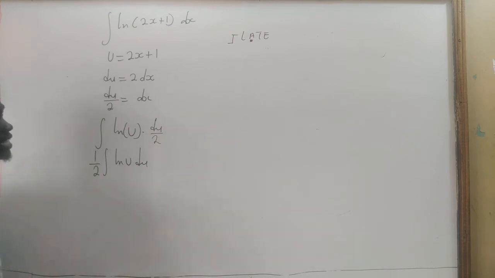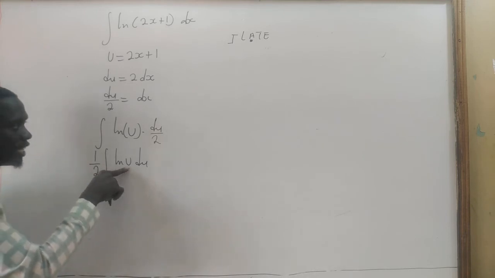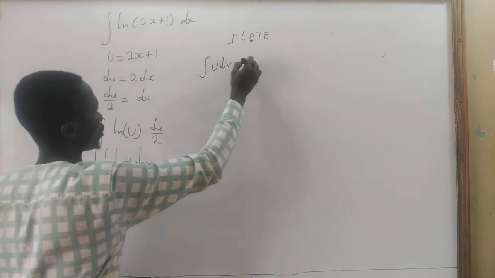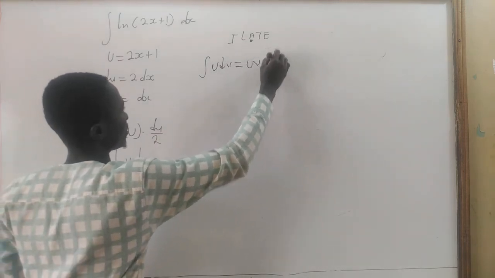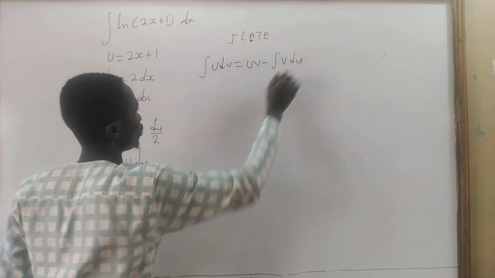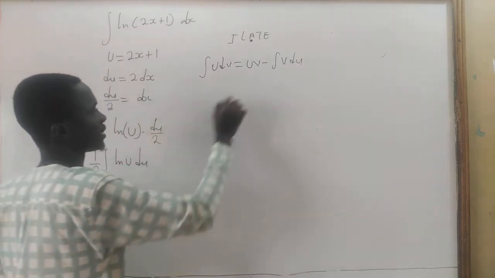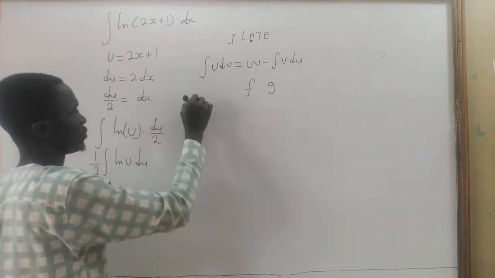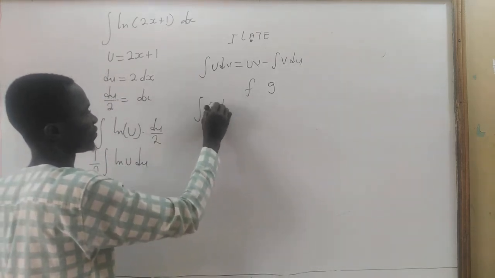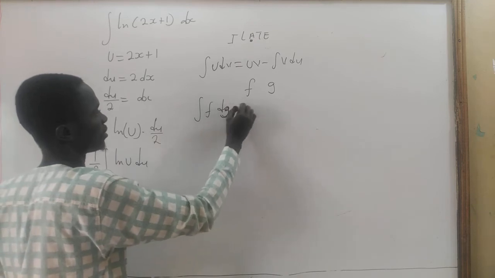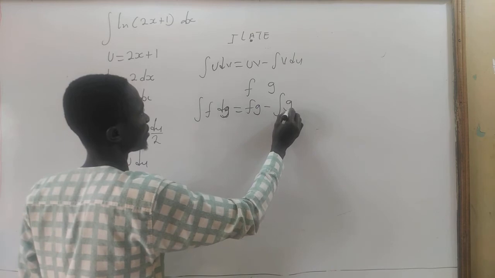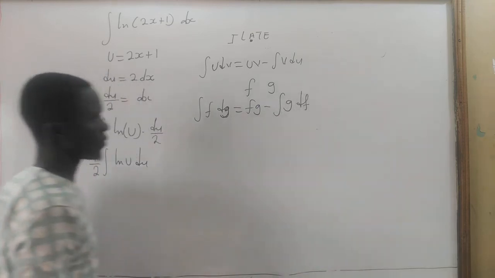Now, for this one, we will use integration by parts. So here, what do we take for our u? We are not going to write the integral of u dv equals uv minus the integral of v du. I'm going to take my f and g. So here the first one will be the integral of f dg equal to fg minus the integral of g df.